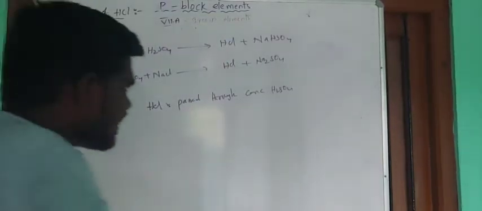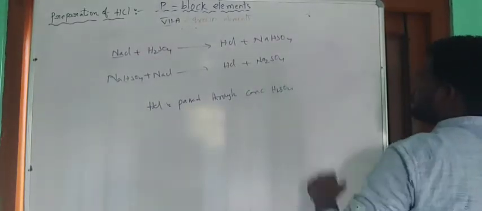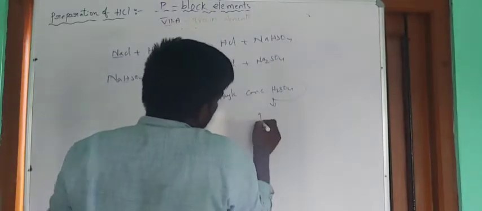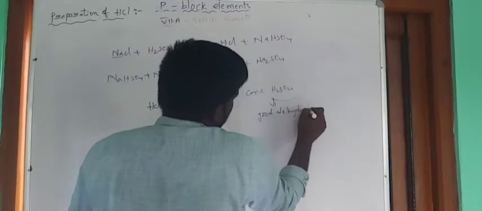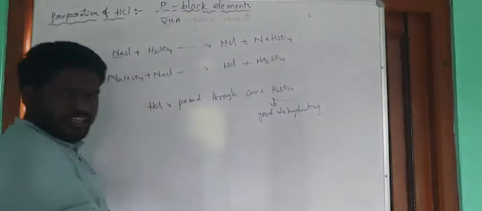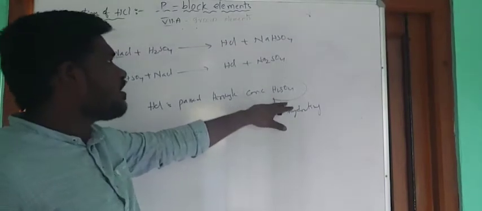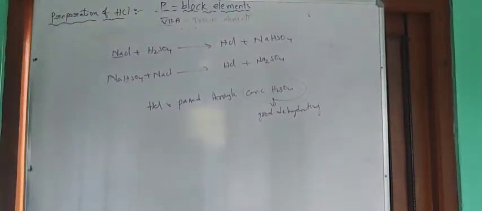To purify that, the gas needs to pass through concentrated H2SO4. You know that this one is a good dehydrating agent. So this one can absorb the water, and it leaves pure HCl. So this is about the preparation guys.